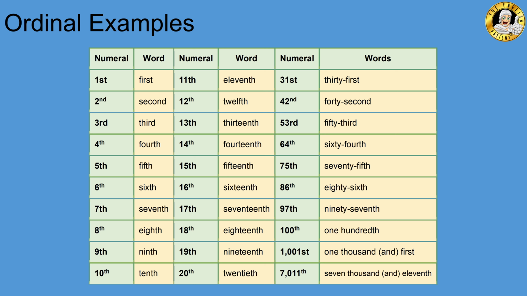And then 7000 and 11th. So you need to know 1 through to 20, 1 through to 19, really, because these are the ones that are being added to the endings of other words if you are reading larger numbers.